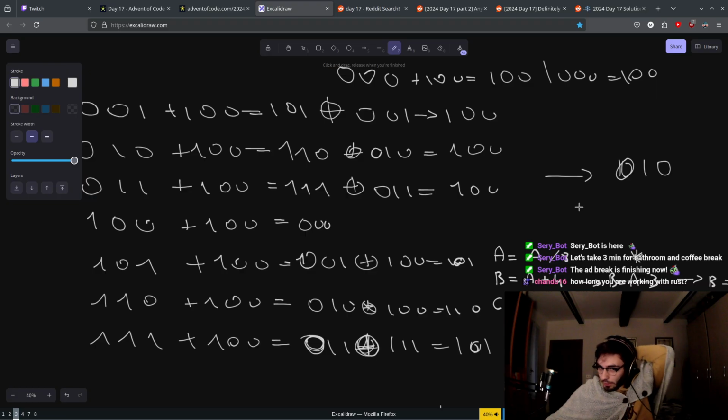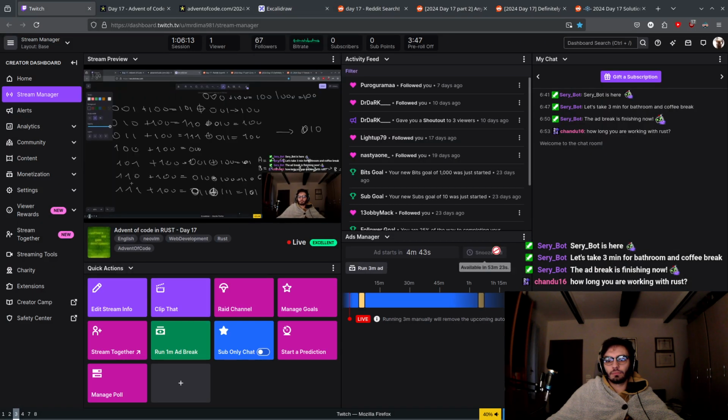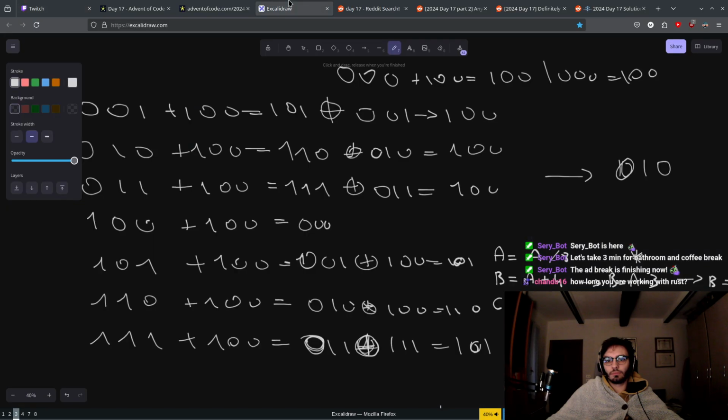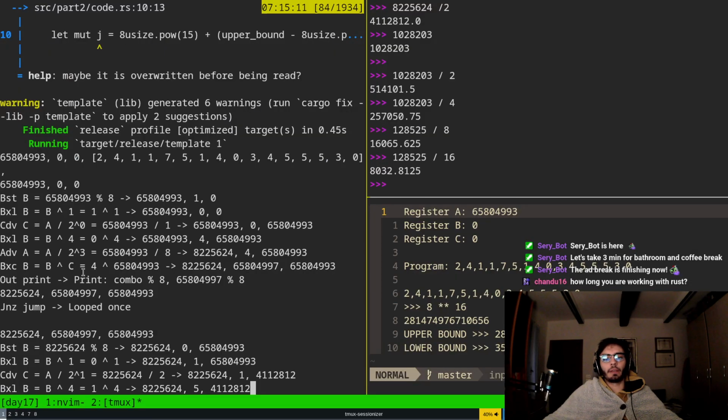So at no point am I outputting a 2. Am I missing something? 0, 1, 2, 3, 4, 5, 6, 7. I don't feel like I'm missing something. Am I XORing itself or am I XORing?